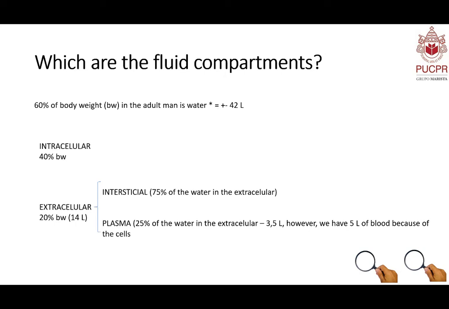And we do have to tell you guys that around 60% of a body weight in an adult man is water, which for a median man that is around 70 kilograms gives you about 42 liters of water. I do have this mark here because this is for adult men.